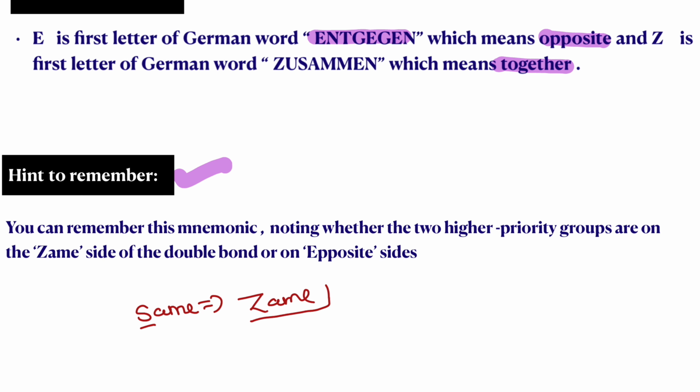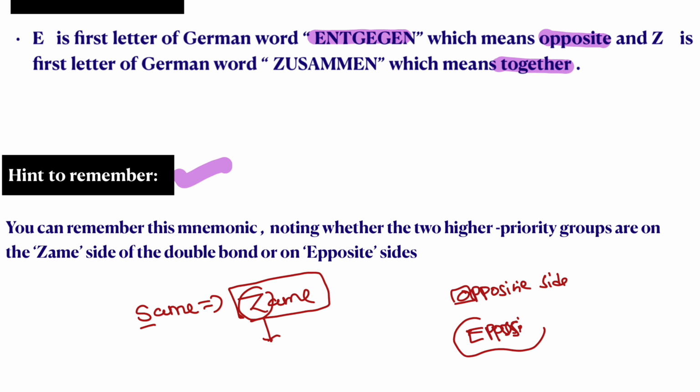So here if they are on the same side, then you use Z. Opposite side: instead of O you write E. Now you read this, and obviously if they are like this, the configuration is E. If they are like this, the configuration is Z. So mnemonic words: same, opposite. This is about EZ configuration of alkenes.